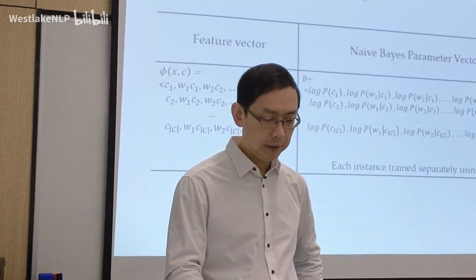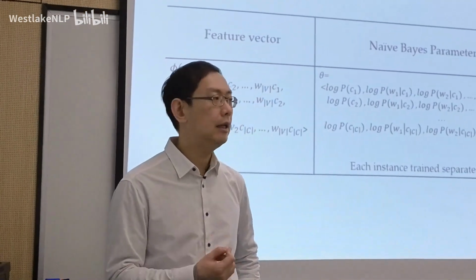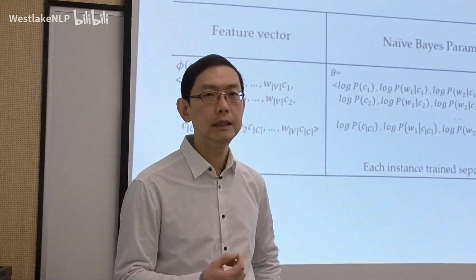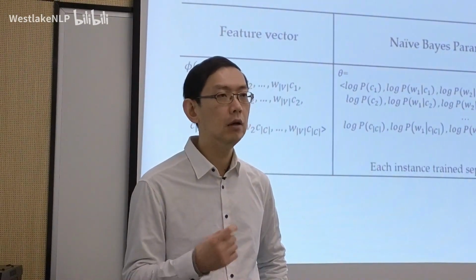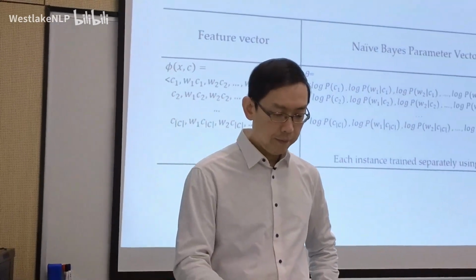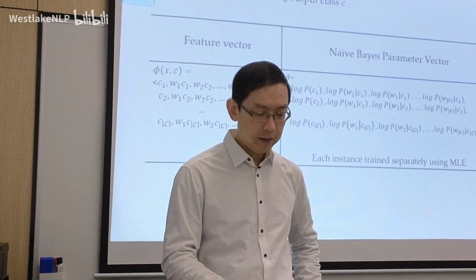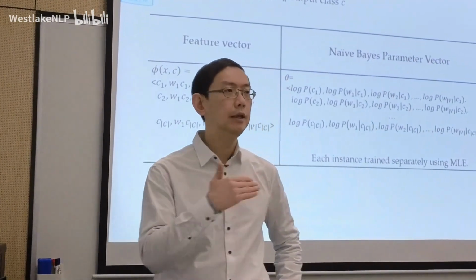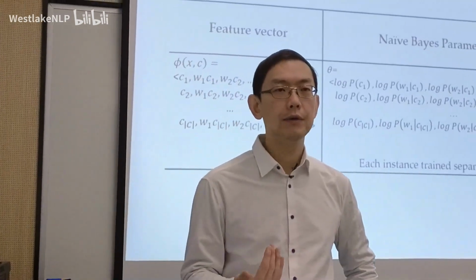The probabilities consist of two types: the class label log probability, log P(c), and the word-class pair probability, log P(w given c). So basically, you organize these two types of probabilities into parameter vectors for every class.